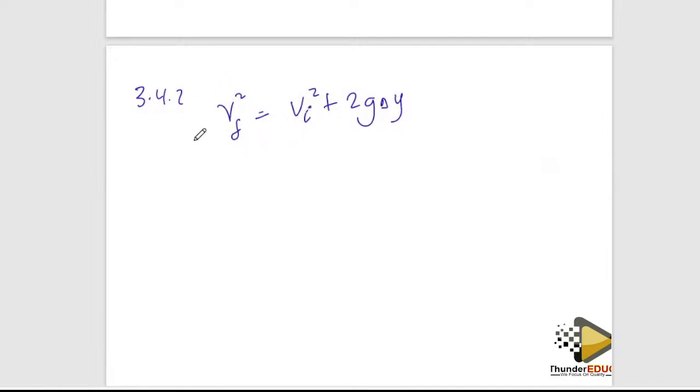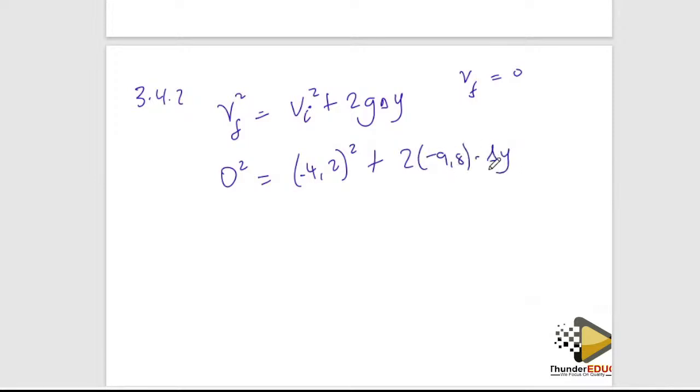We know that the V final at B is going to be 0, which is equal to our VI. We said it's 4.2, but since it's moving upwards, I'll make it negative. Then plus 2, the g is going to be negative 9.8 times my delta y. It was negative because the object is moving upwards.